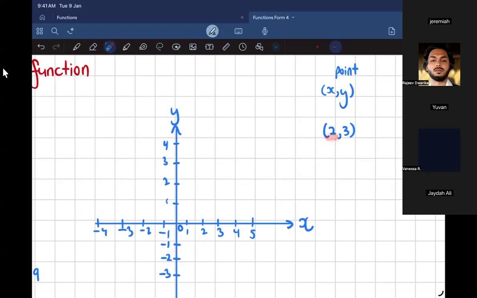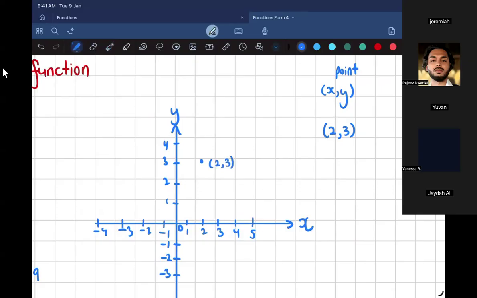It's positive 2, so we're going to move 2 spaces in what direction? Right. And then I have a Y value of 3. So then I'm going to move 3 where? Up. So I'm going to end up over here. Yeah? Tell me if that makes sense. Right? Jada, did I confuse you with that?